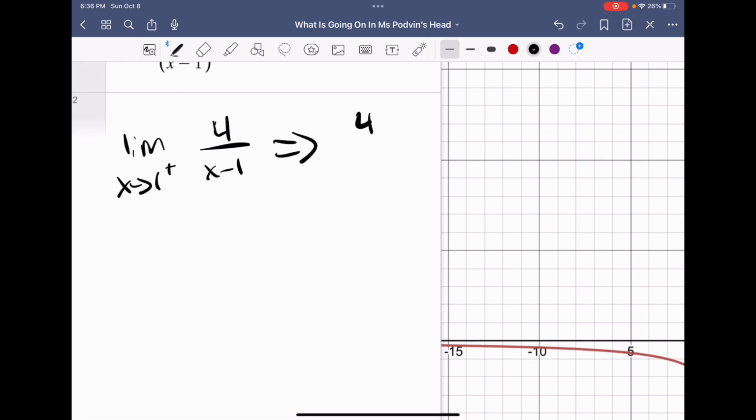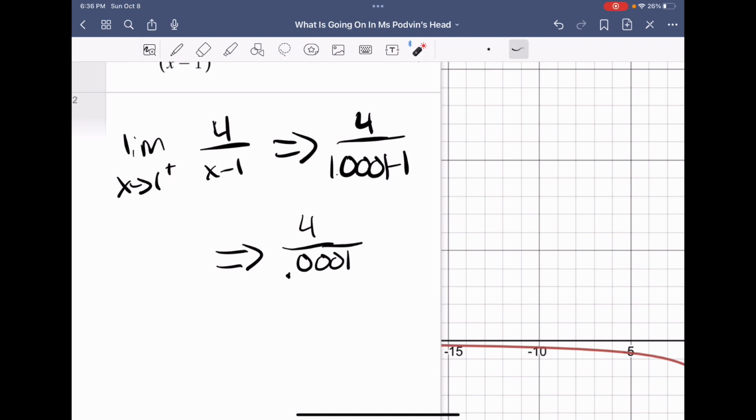How about 4 over 1.0001 minus 1? Now we'll end up with 4 over 0.0001.